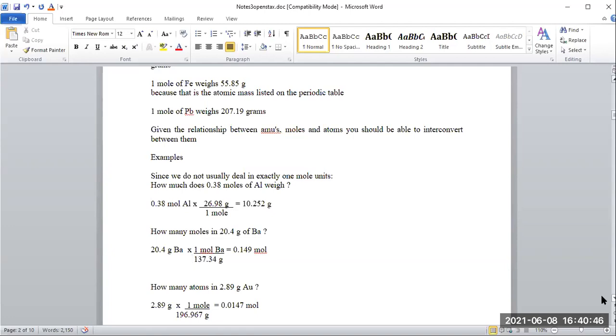It's 137.34. But because I want my grams to cancel out, I am going to put it on the bottom and put my 1 mole unit on the top. Divide 20.4 by 137.34, and I end up with 0.149 moles.